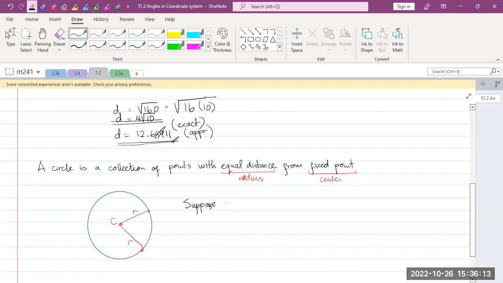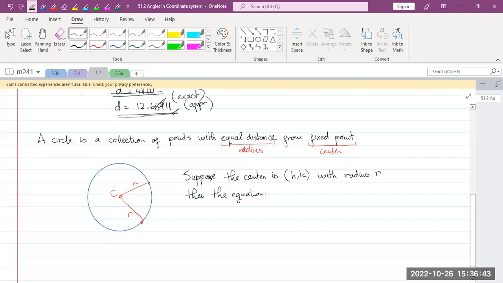That's a circle. Now, suppose the center of a circle is h comma k with radius r. Then the equation of that circle must be, now think about this.